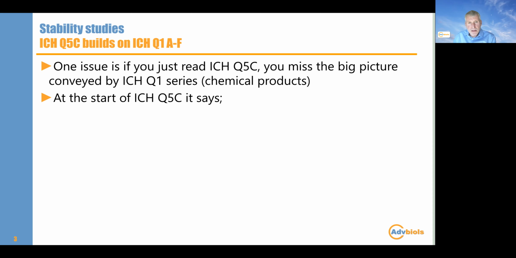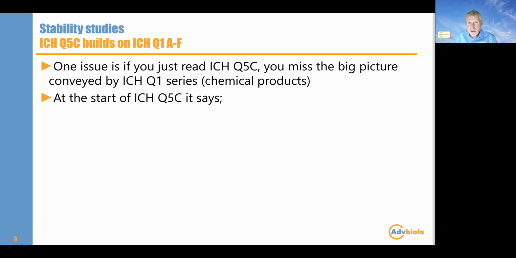So the first gap is, I think perhaps, possibly, I'm not sure, because ICH Q5C shouldn't be read in isolation. What you should really have done is read the ICH Q1 series as well.